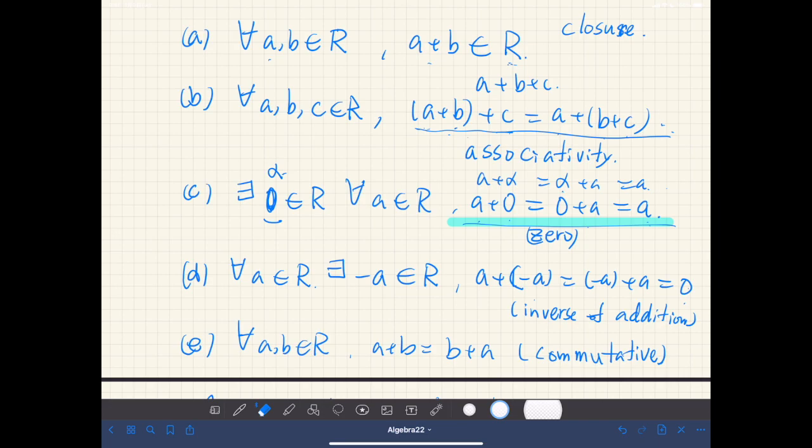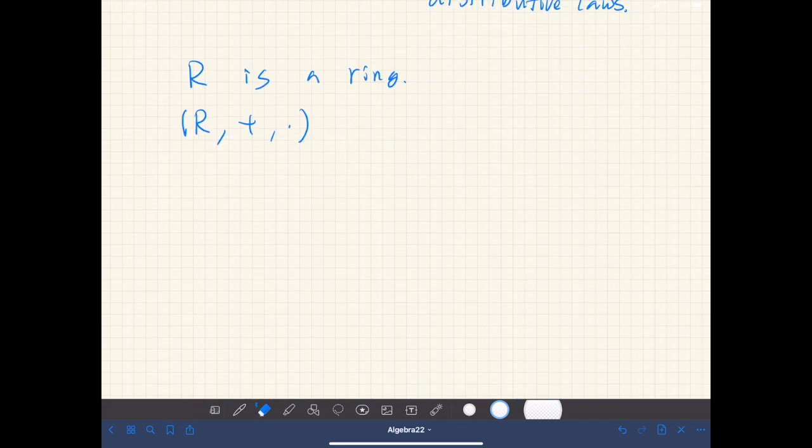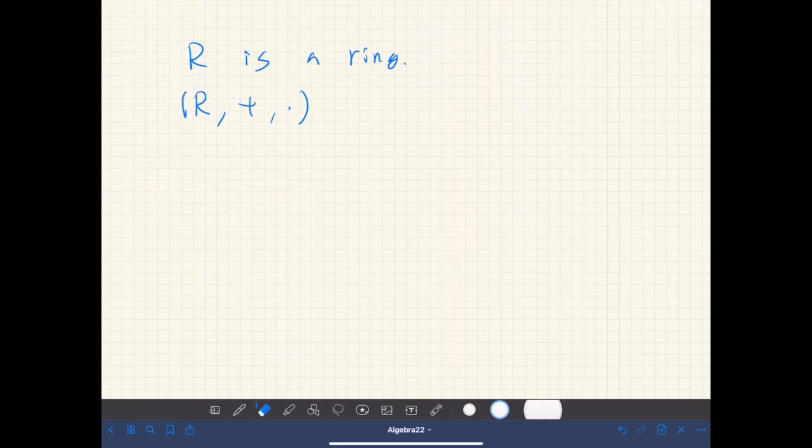But this zero is actually unique, because if there is another element that behaves this way, let's call it 0 prime.